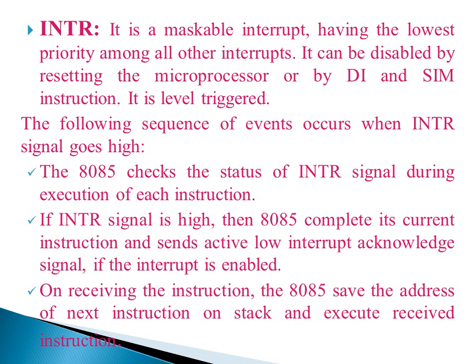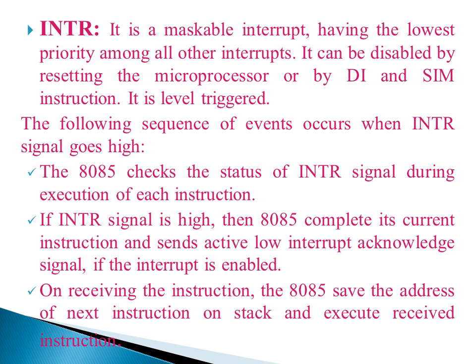The following sequence of events occurs when the INTR signal goes high. The 8085 microprocessor checks the status of the INTR signal during the execution of each instruction, whether it is active low or active high.